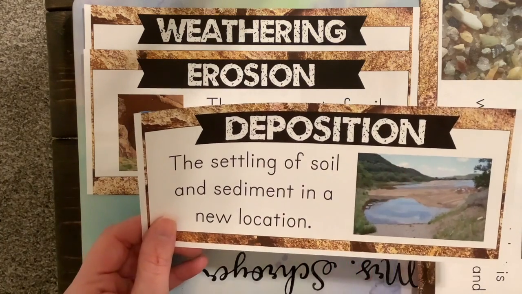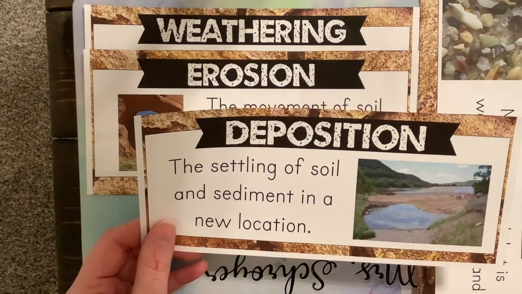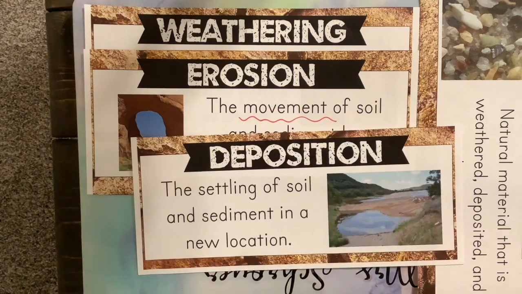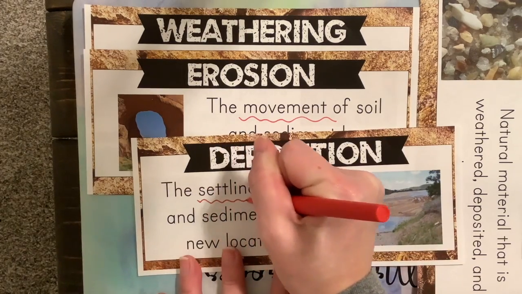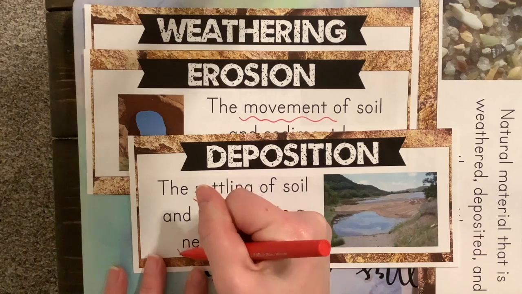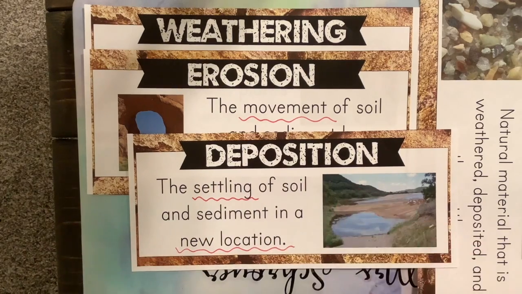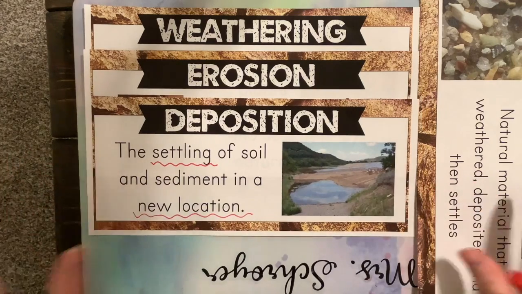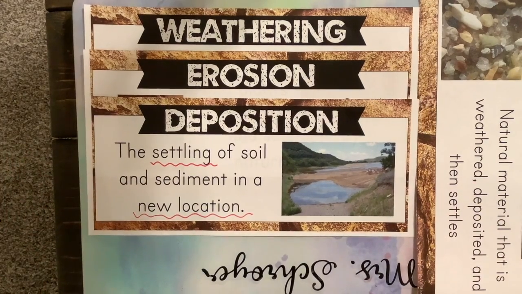Say deposition. So deposition is the settling of soil and sediment in a new location. So settling is kind of like our keyword here, or new location. So has anybody ever moved before? Like you've moved houses, maybe you moved to a different state or a different country.